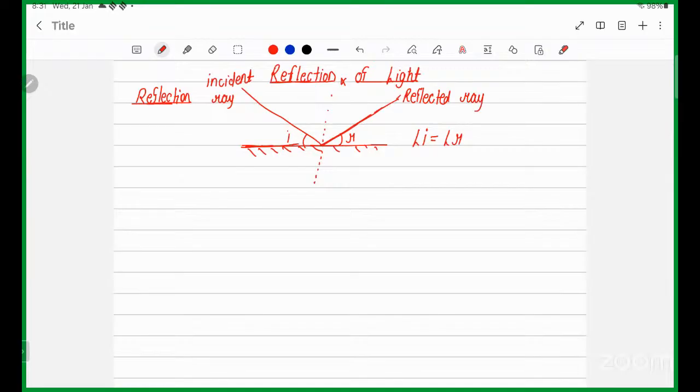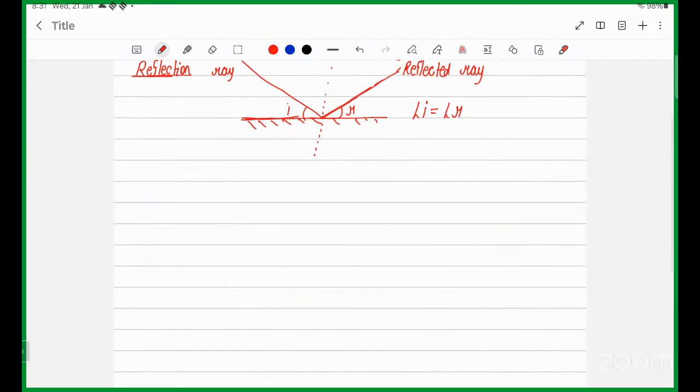After that we will study the types of mirror. Basically, this is also the first law of reflection.